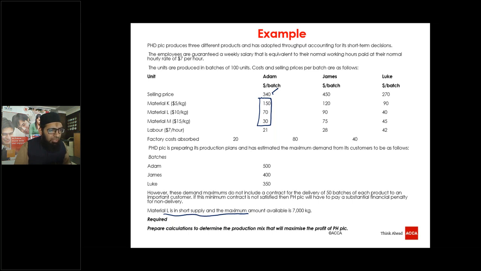So can you please tell me what is the throughput per unit of Adams, James and Luke? Please calculate it for me.